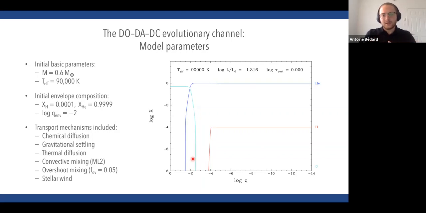So atomic diffusion becomes a more efficient process for transporting the elements. So there's not really a cutoff in the overshoot coefficient. Right. Okay, we can talk about that later, because in principle you have a natural cutoff which is related with viscosity, so it's okay. Perfect.